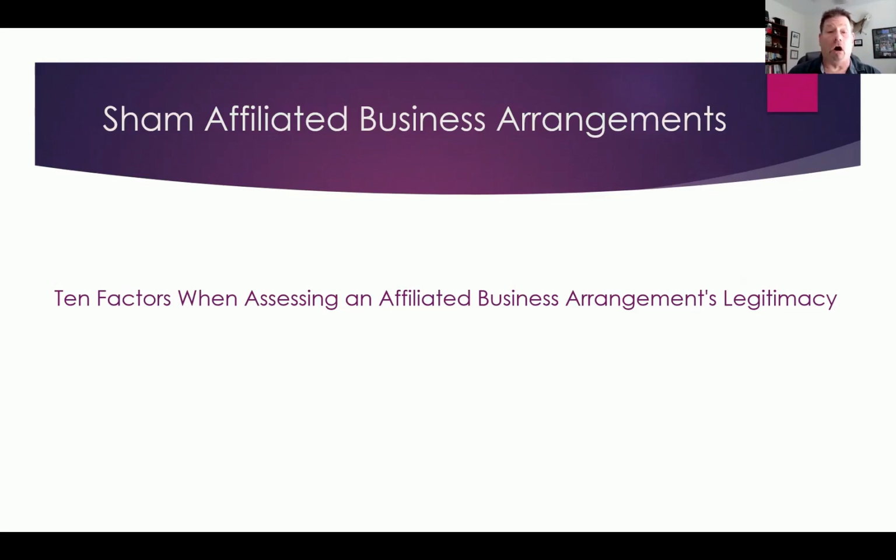However, there are things known as sham affiliated business arrangements, which basically constitute either fraud or violations of RESPA. You should be familiar with the 10 factors in accordance with the Department of Housing and Urban Development to be used when assessing an affiliated business arrangement for legitimacy.